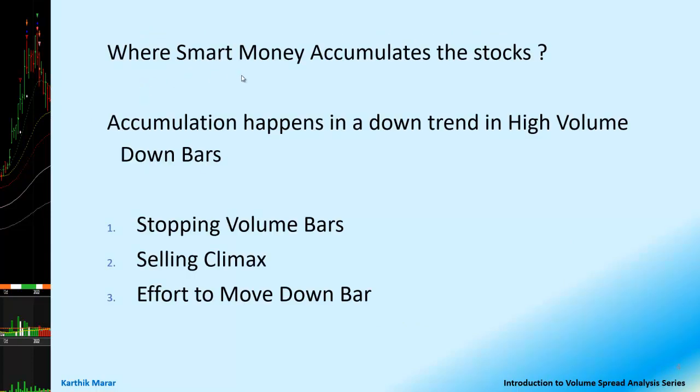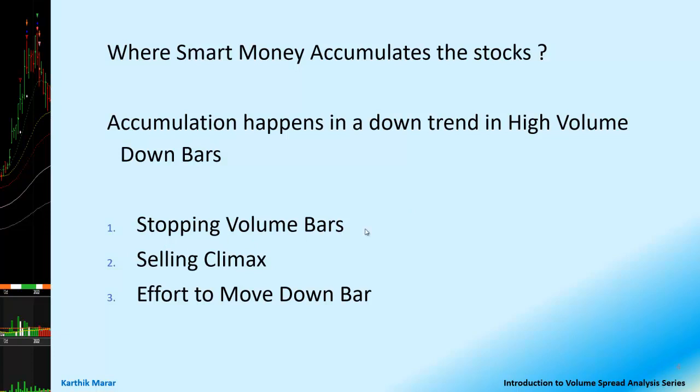Now, we saw the smart money starts accumulating the stocks in a downtrend towards the end of the downtrend. So accumulation happens in a downtrend in high volume down bars, and we saw that there are three signs of strength which indicate accumulation.